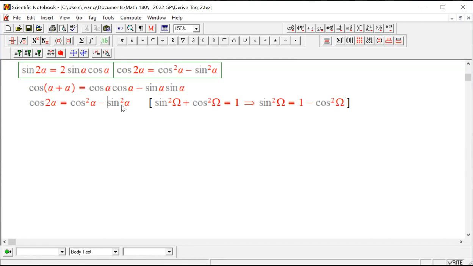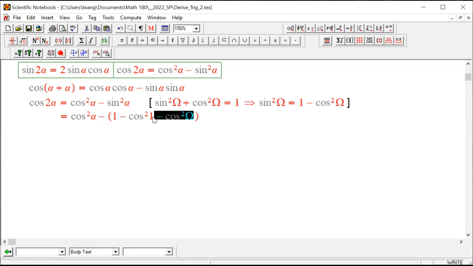So if we replace sine square alpha by its equal, we get the following. We get cosine square alpha minus sine square alpha. Omega will be replaced by alpha, and we're going to replace that by 1 minus cosine square of alpha.